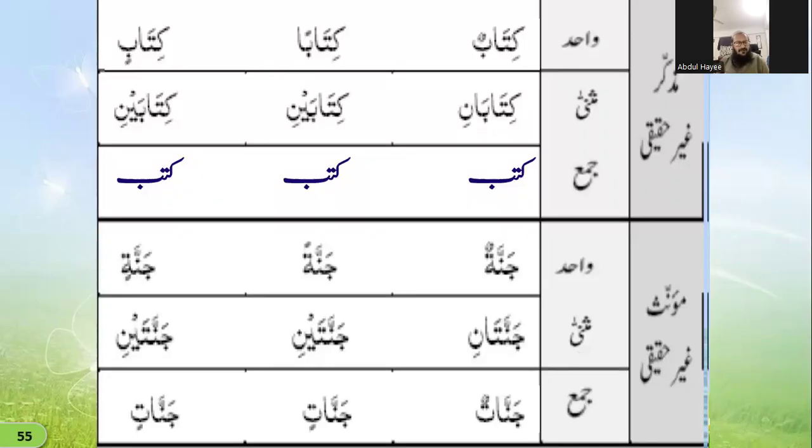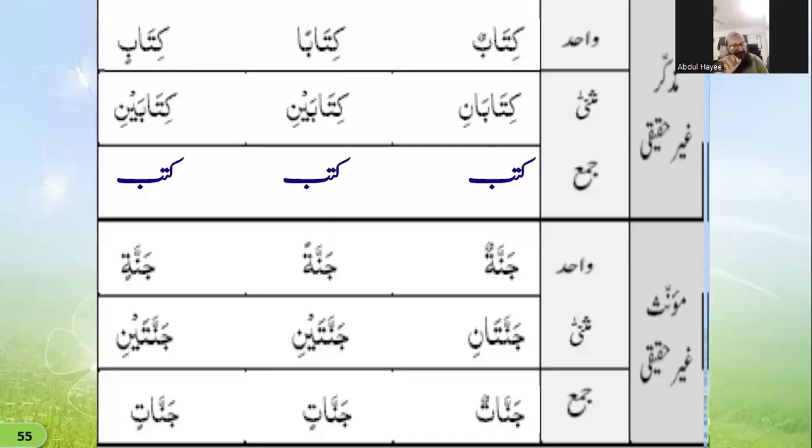Make them ma'rifa by attaching alif lam: al-jannatu, al-jannata, al-jannati, and so on. So if the noun does not have both genders, either masculine or feminine, it will have 18 shapes. And if it has both masculine and feminine, it will have 36.